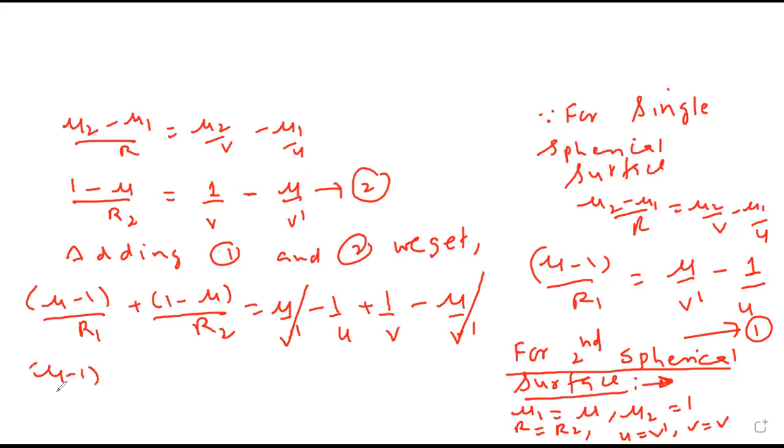Mu minus 1 common, 1 upon R1 minus 1 upon R2 equals 1 upon v minus 1 upon u.